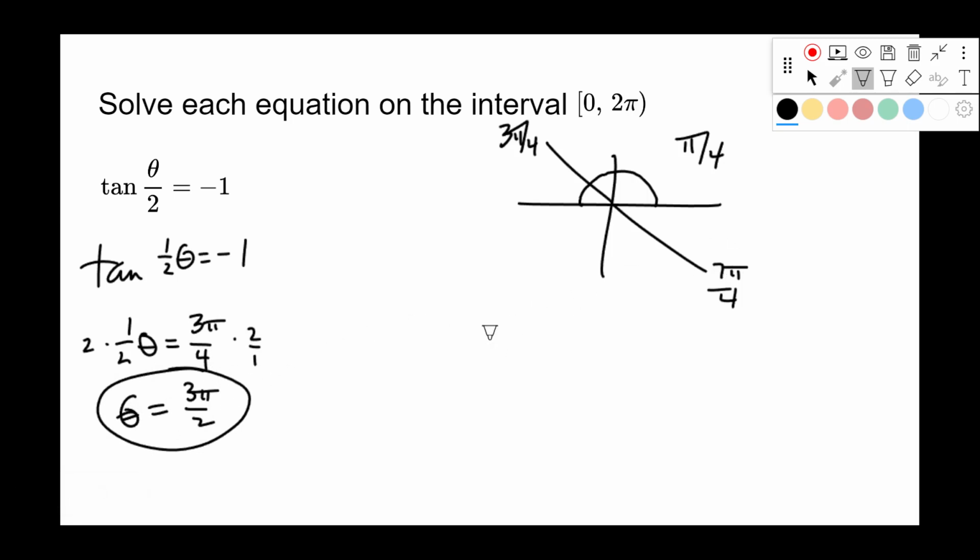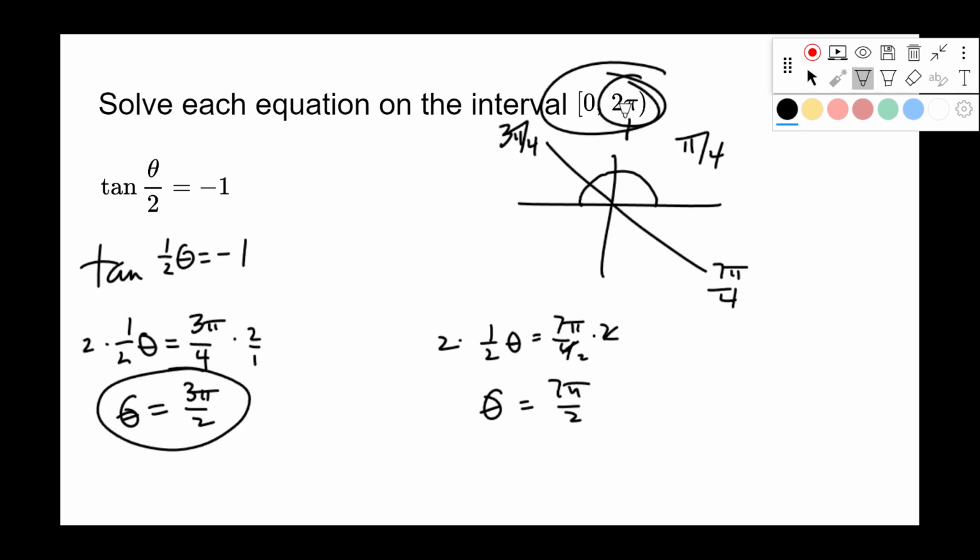But let's look at the 7 pi over 4 just so that you can understand what's happening. Let's say 1/2 theta was equal to 7 pi over 4, and I multiplied both sides by 2. Theta would be, cross cancel that, make it 2, 7 pi over 2. Well, here's the problem with 7 pi over 2. 7 pi over 2 is more than 2 pi, and the answers have to stop at 2 pi, right? 2 goes into 7 3 full times.